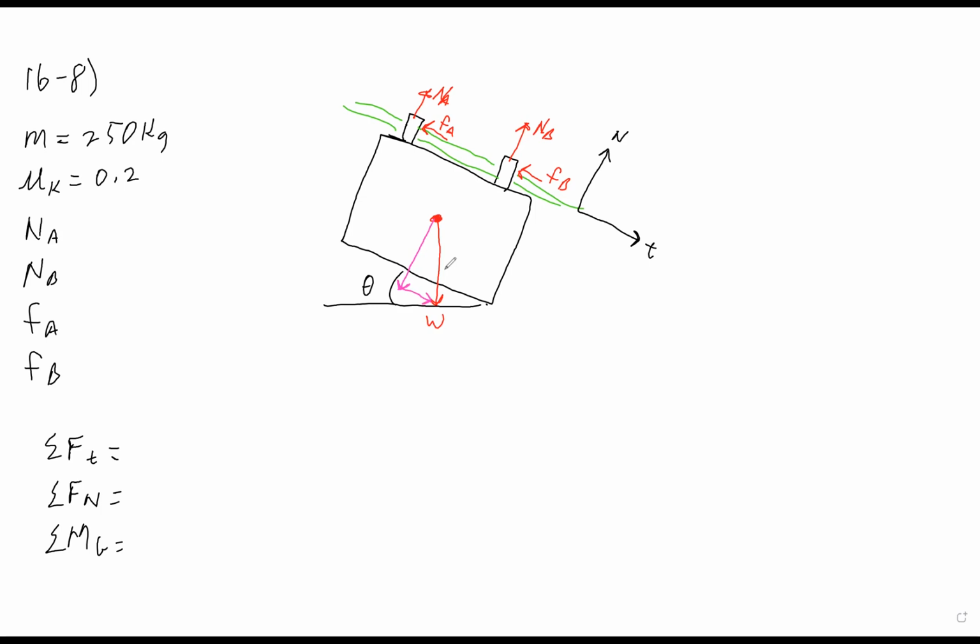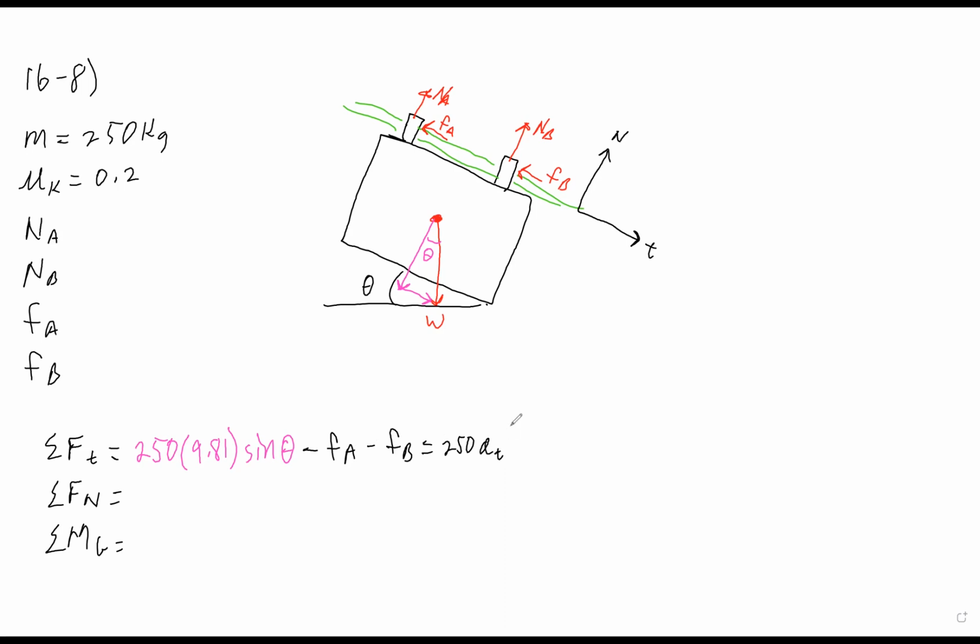That puts us at 250 kilograms times the acceleration due to gravity, times sine theta, where theta is here. And then the rest is minus the friction at A and minus the friction at B, because they're both going in the left direction along the tangential axis. And then the mass times the acceleration, 250 kilograms times the acceleration in the tangential direction.